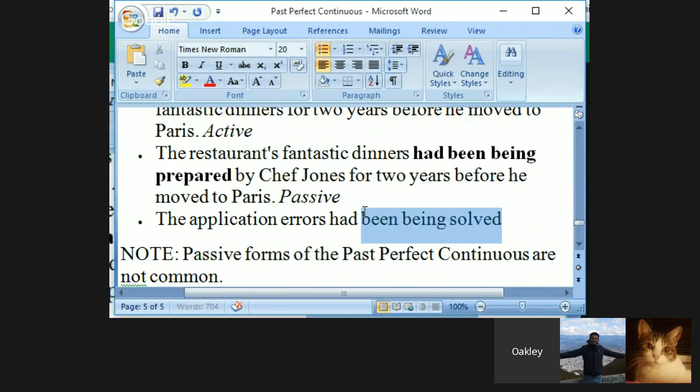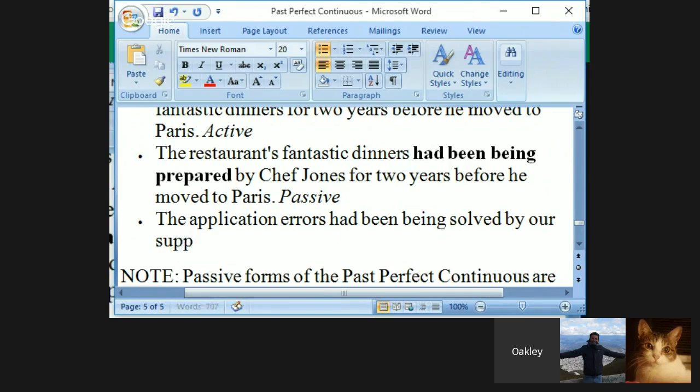So this is the construction, had been being solved. The main verb is always going to be the past participle. Okay, but we need more. By our support team for 5 years.